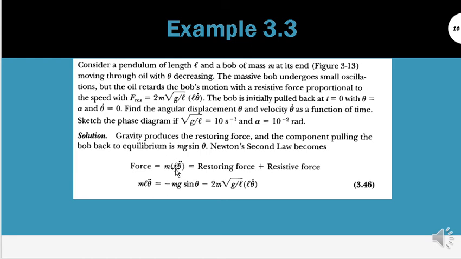Okay, so why have I said that? Because in the pendulum case, the circular movement is related with the linear movement through the angle.